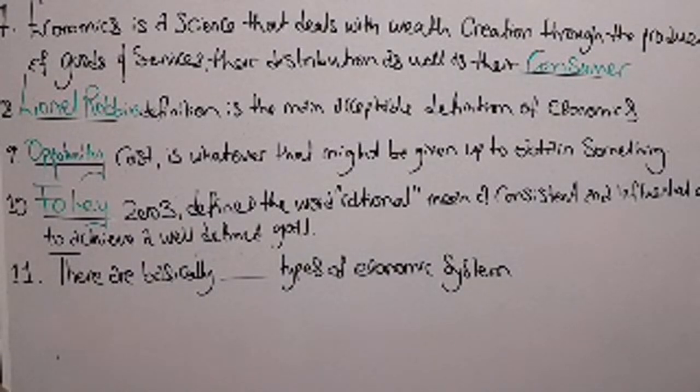There are basically dash types of economic system. Awesome. Yes, 4. Now these 4 are traditional economy, controlled economy, free market economy, and mixed economy. So we have 4 of them.